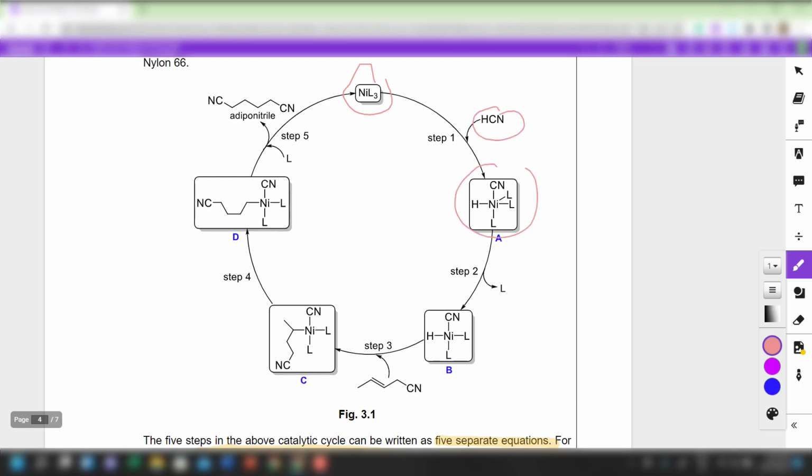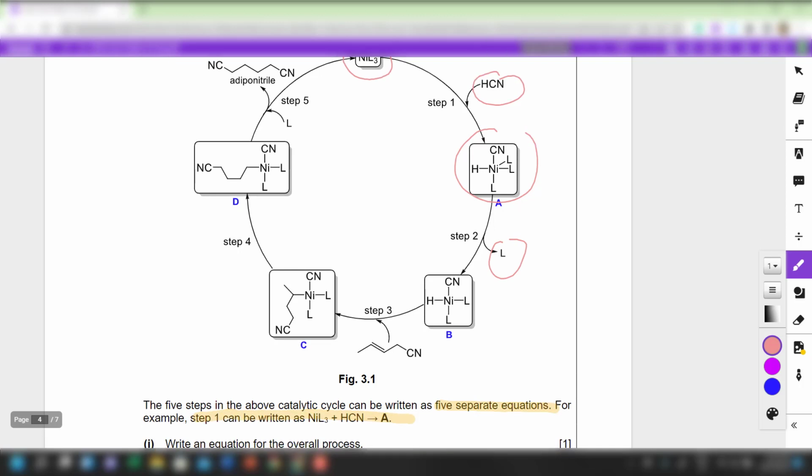Then for step 2, A kicks off L to give B. That's about it. And then what about step 3? Step 3 will be B, and this particular cyano compound reacts to give you C. And then what happens in step 4? Basically, there's some rearrangement going on, and then C gives D.